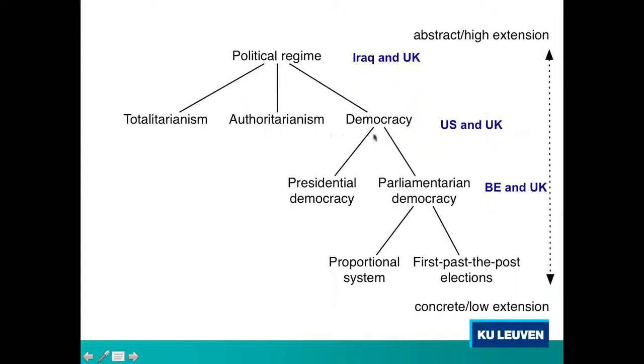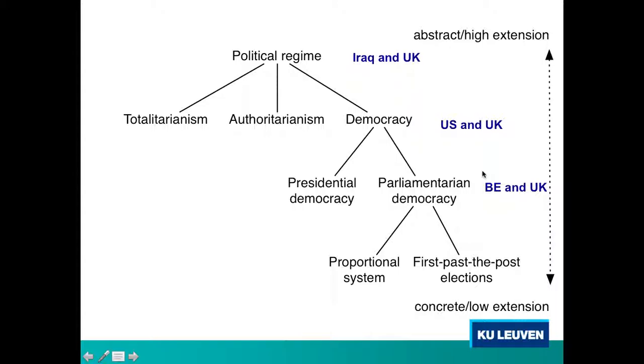Right? The concept of democracy projects a smaller population than the one of political regime, and both cases normally comply with definitional attributes of democracy. Probably US would be close to the presidential democracy subtype, while UK would be closer to the parliamentarian democratic subtype.